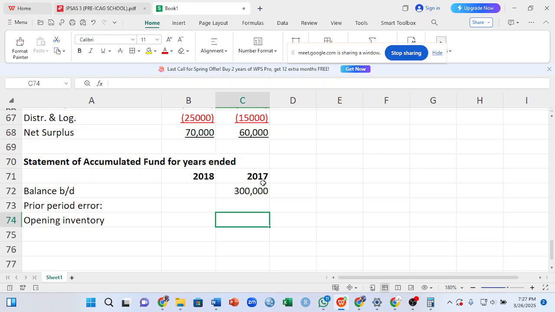Are we going to add or subtract? Please, you add. We are going to add. Why are we adding?